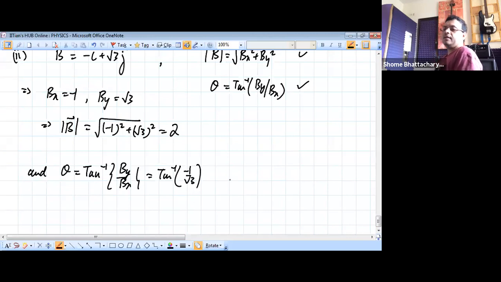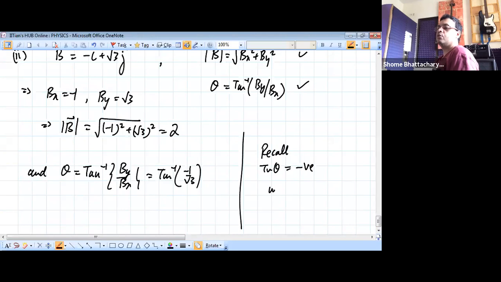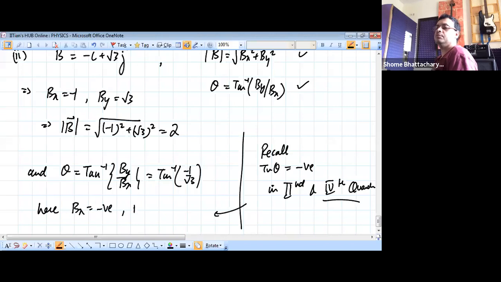Now you will recall that tan theta is negative in which quadrants? In the second and again in the fourth quadrant. So somehow we have to figure out which of these it is. But here bx is negative and by is positive.